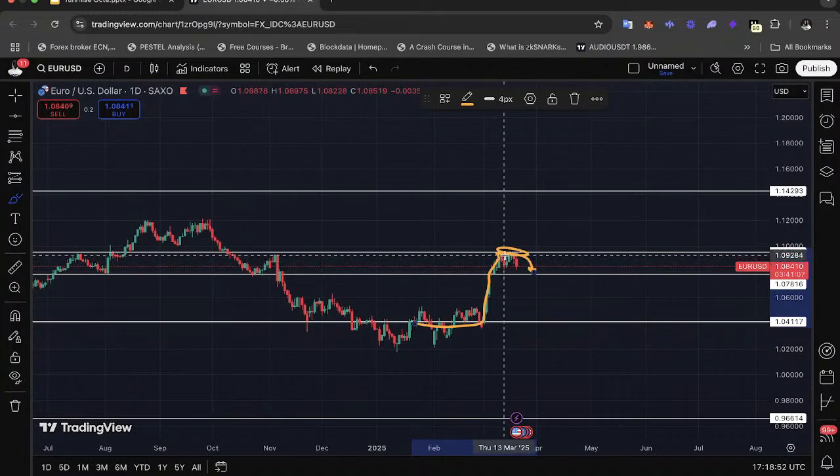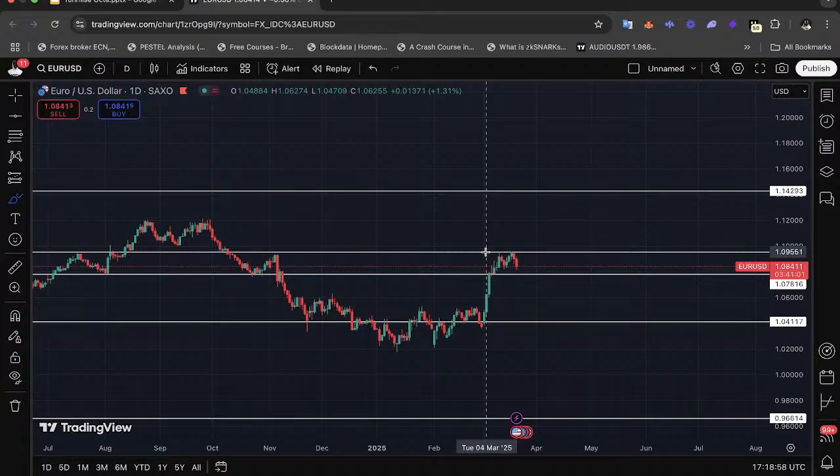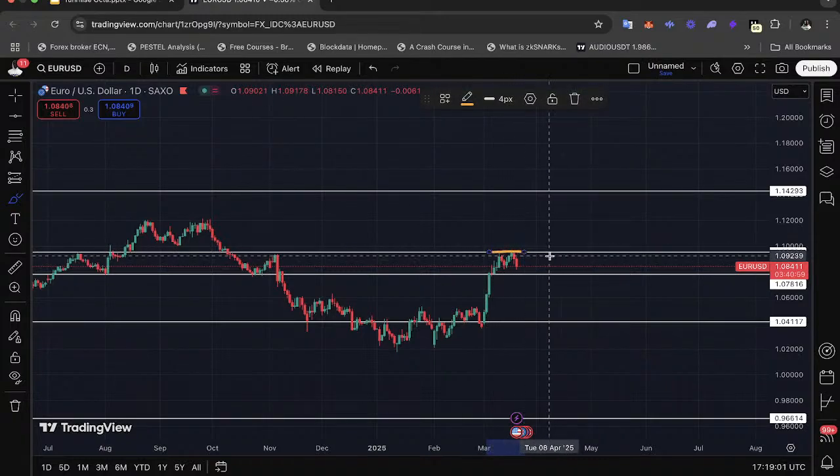So at this level, sellers had already set their sell order. Some sellers had set their sell order because they are also watching this level as the exit point, which is the next minor resistance zone. That is why we are seeing a pullback.